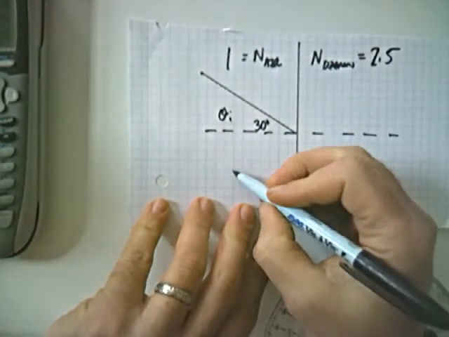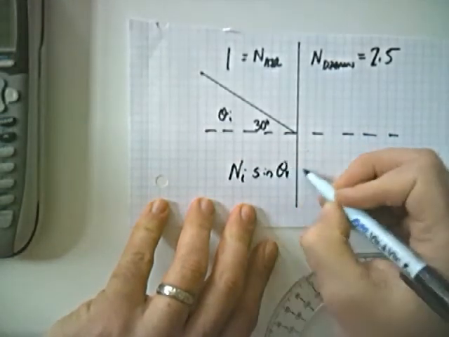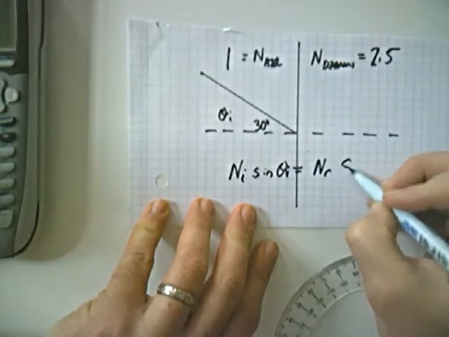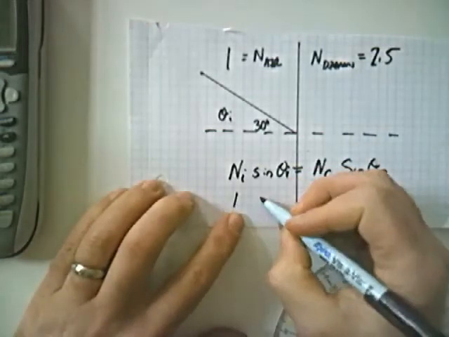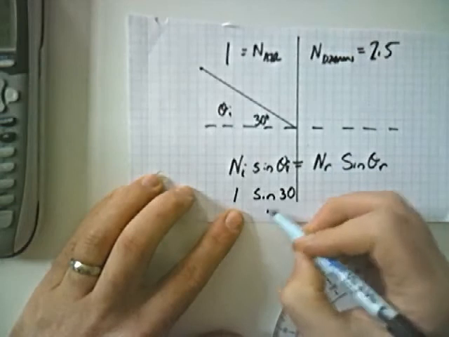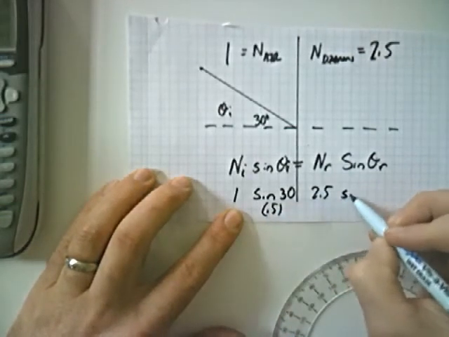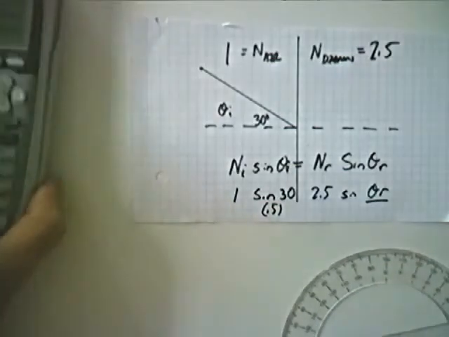So let's go ahead and use Snell's law. Ni sine theta I is going to be equal to Nr sine theta R. So we have 1 times the sine of 30. We learned that's the same thing as saying 0.5. And we have 2.5 times the sine of this unknown angle.